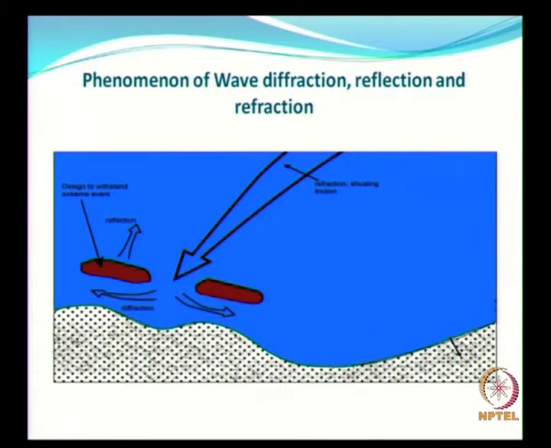When you look at this picture, whatever we have seen now is just illustrated in this picture, where you see that when the waves propagate, because of the varying water depth, you will have the phenomena of refraction, shoaling, as well as the bottom friction offered by the seabed.